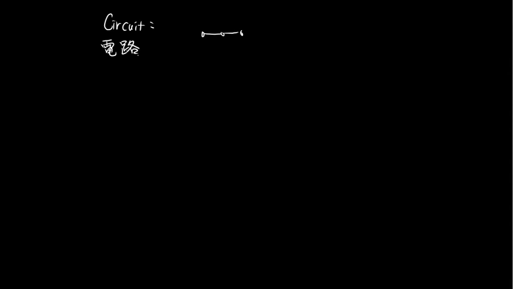If you have two wires, 两条电线, and their resistance, 电阻, wire is the line connecting the two components, and the resistance is just the physical term that usually we write as R, and V is the voltage, right?